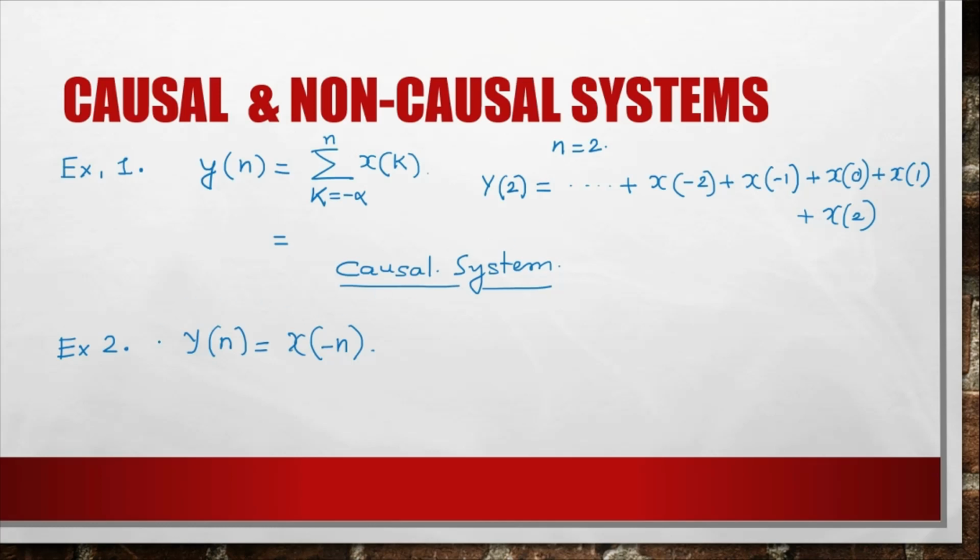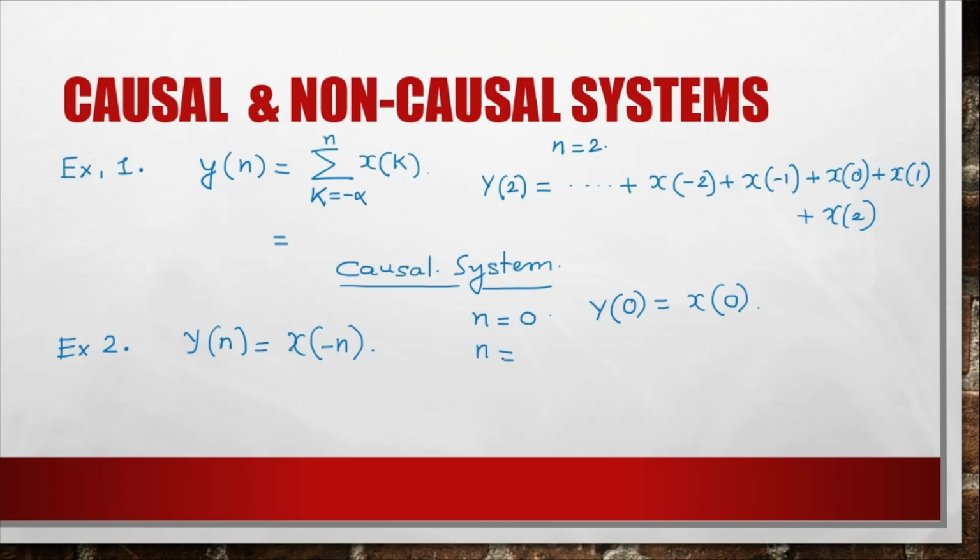I am showing what I would like to tell you in this example. Suppose we take the value of n equal to 0 first. If n is 0, you want to get the output at the 0th instant. What you are getting is that the output depends upon the present value of input.